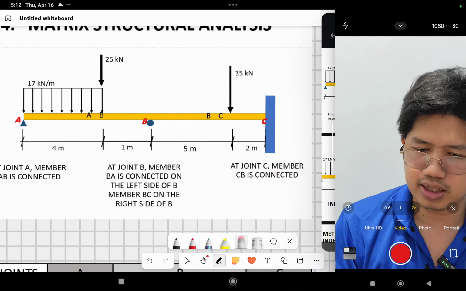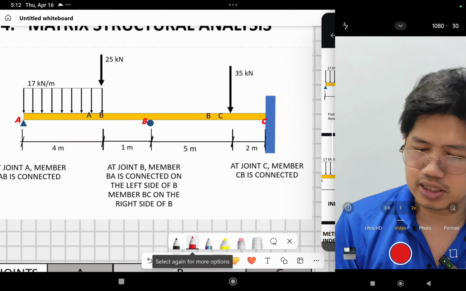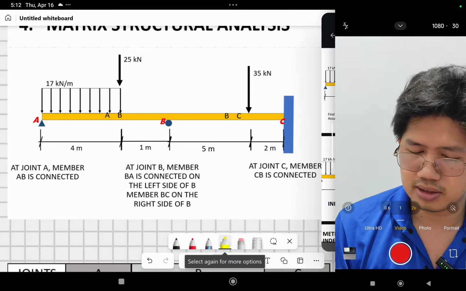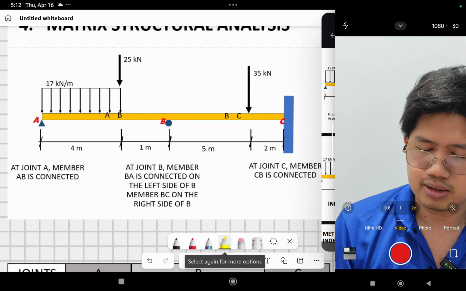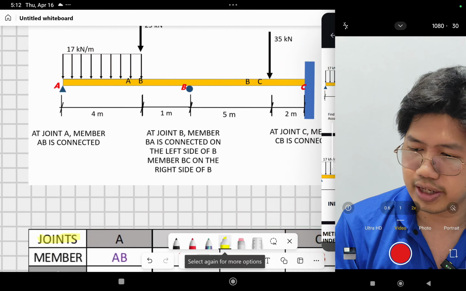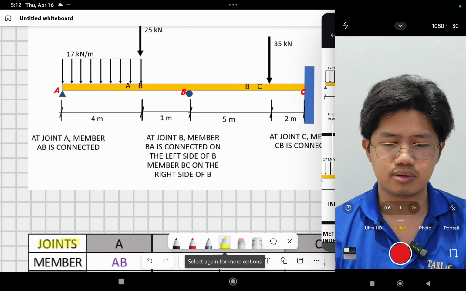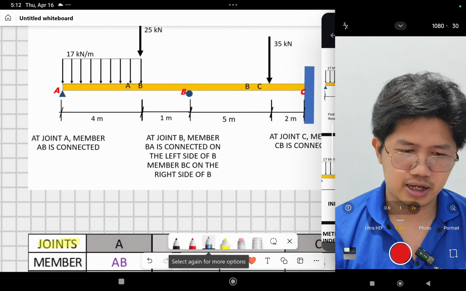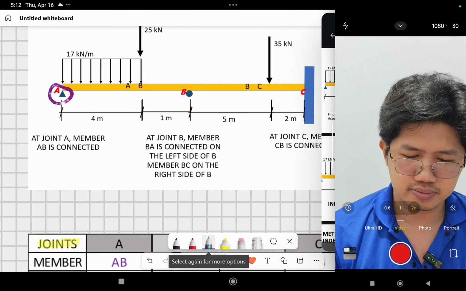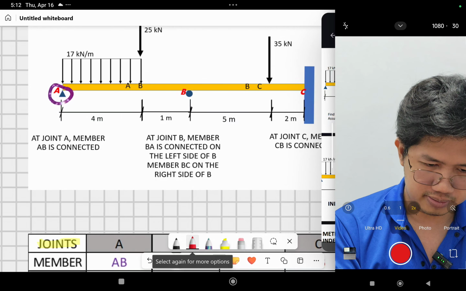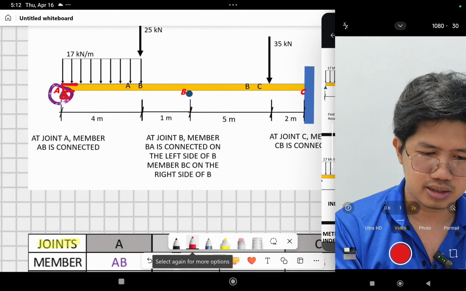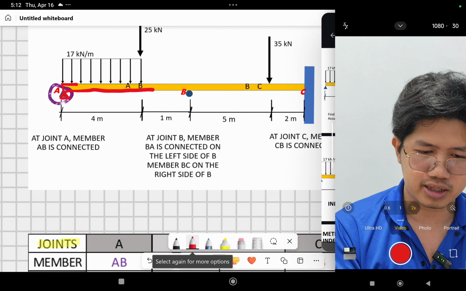First gagawin natin is we give the members a name. Okay, so let's differentiate. Okay, so for the joints, these are the connection points in our beam. Okay, let's have joint A. At joint A, you have a pin, and then at the pin, this member is connected.